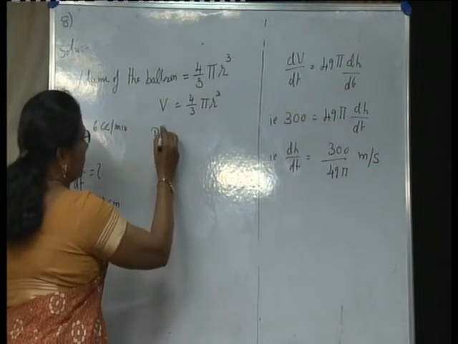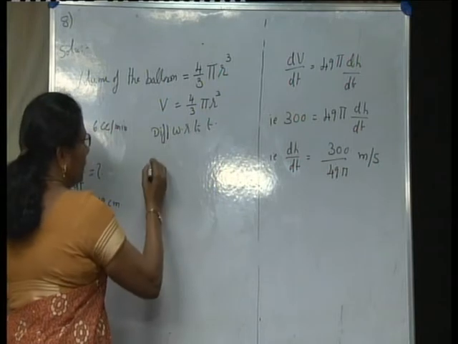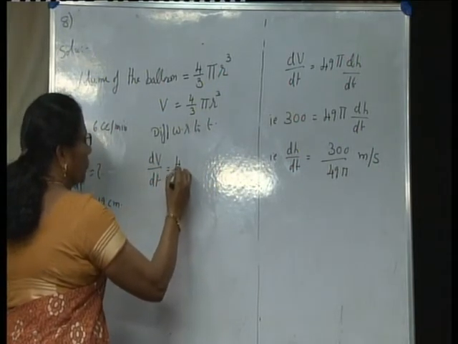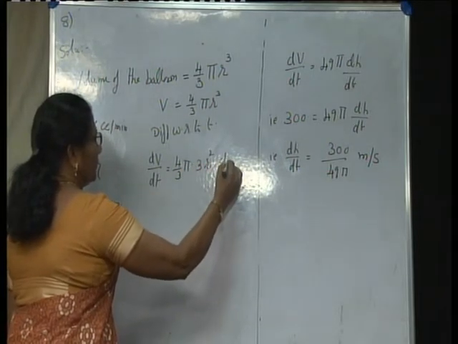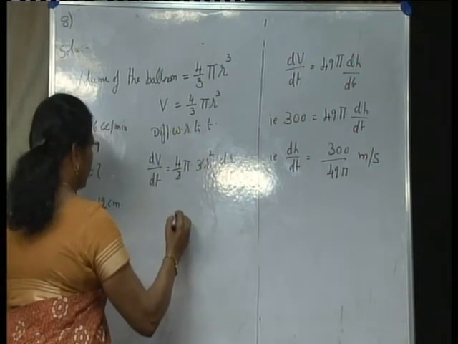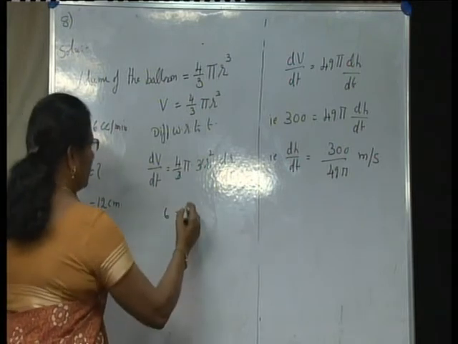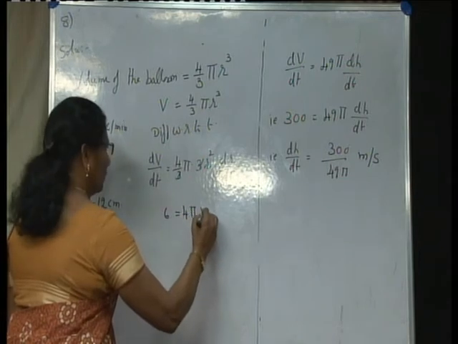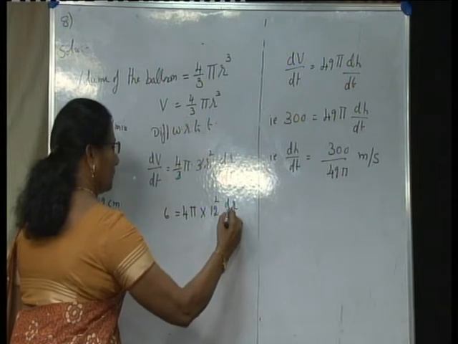Differentiate with respect to t. dV by dt is 4 by 3 pi into 3 r squared dr by dt. dV by dt is 6. This is equal to 4 pi, r is 12, dr by dt.